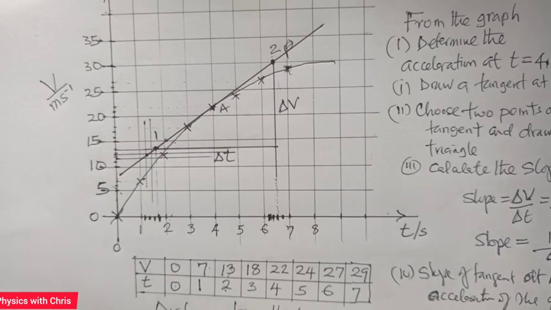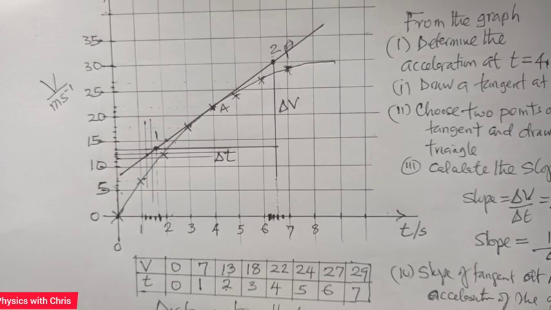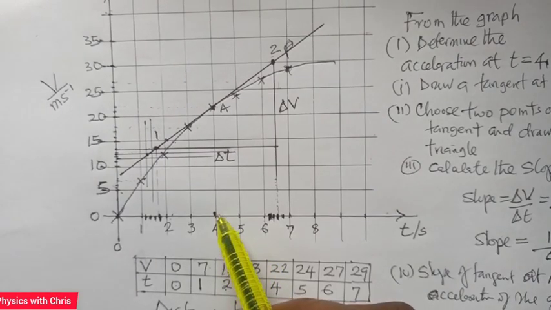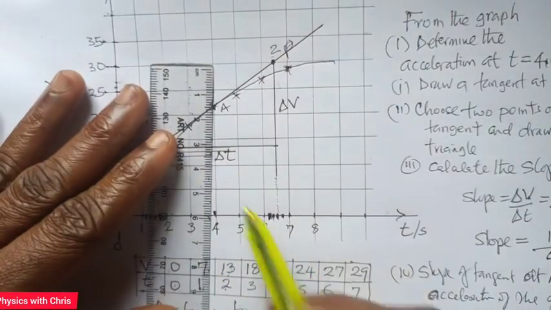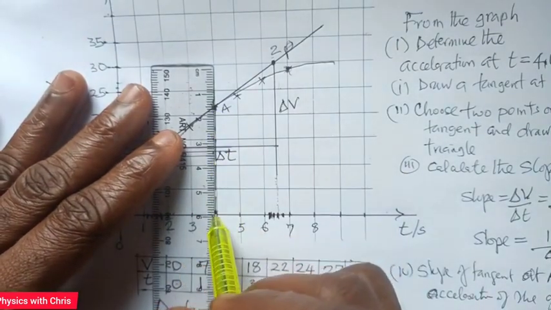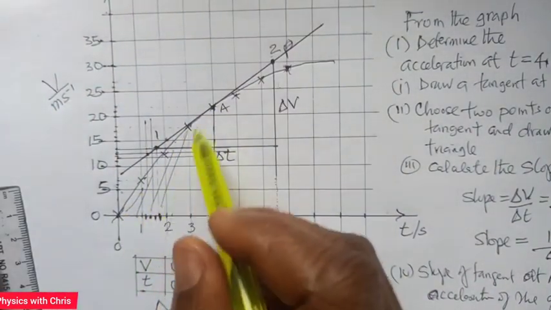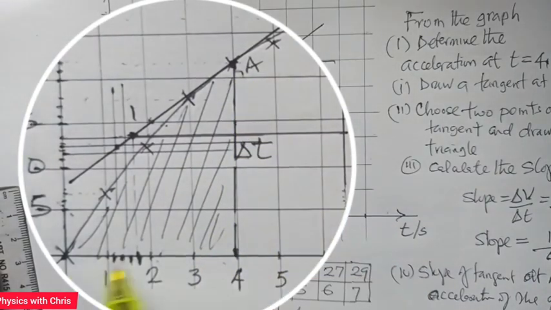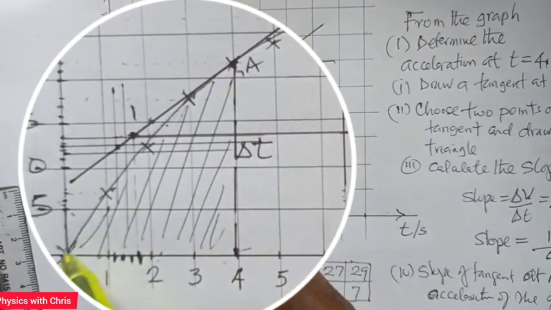Let's say the distance covered in 4 seconds. This is my 4 seconds. So I want to find the area bounded by this ordinate, the time axis, and this curve.